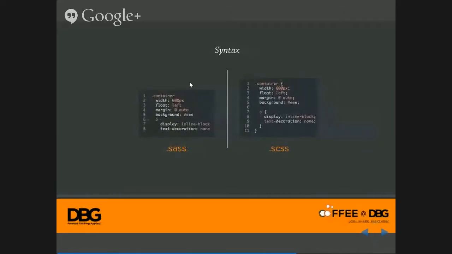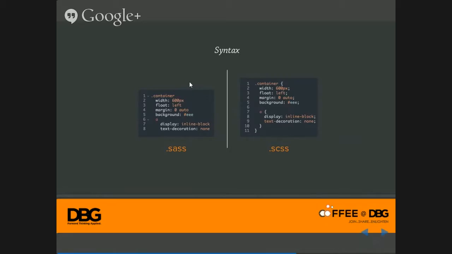When Sass was first introduced, the syntax looked something like this. It doesn't have curly braces or semicolons, just indented code, and it was really painful to debug.